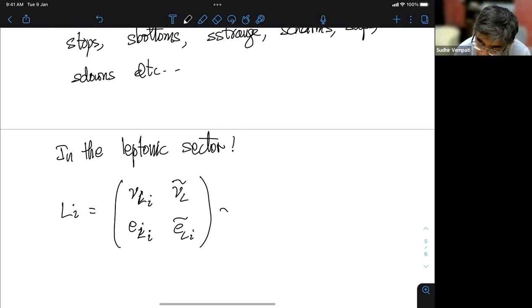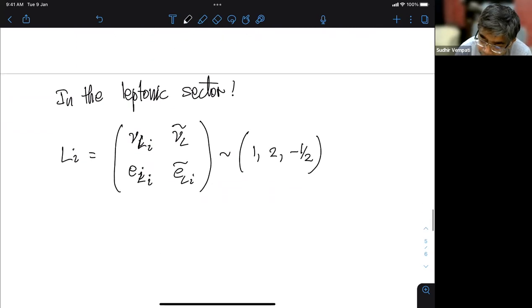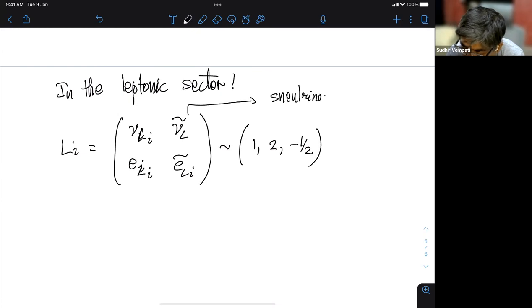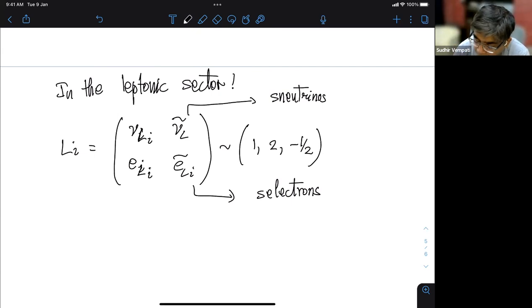This is your ordinary neutrino, contained in the doublet with hypercharge minus 1/2 essentially. So these are called sneutrinos, and these are called selectrons, or sleptons.